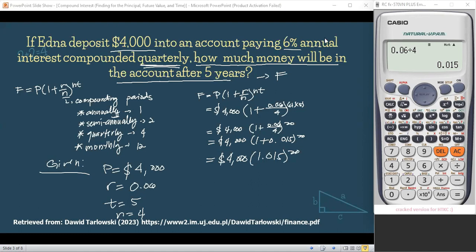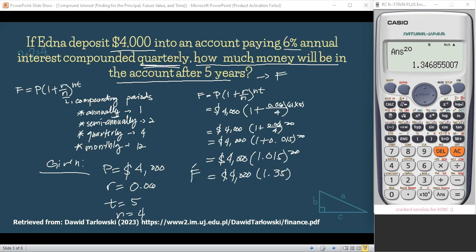So gagawin natin dire-diretso lang. So plus 1 raised to 20 because 4 times 5, that is 20. So that is 1.35 approximately. Yung isusulat po natin approximation, pero yung pagka-calculate natin is dapat tuloy-tuloy. So that is $4,000 times 1.35 approximately.